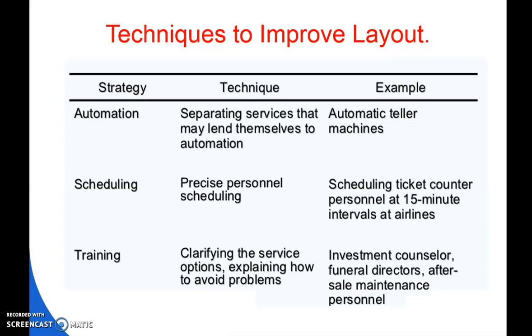For the smooth running of machineries we also have to go for a maintenance department, and training should be given in such a way that it clarifies the service and explains how to avoid problems.